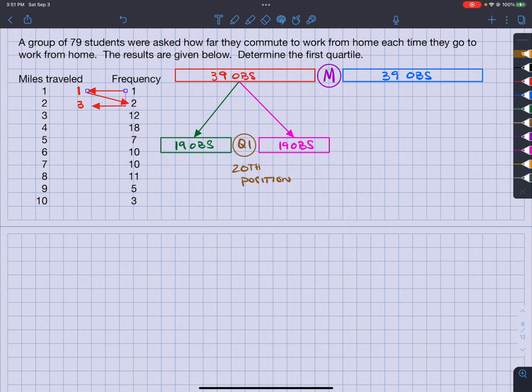Let me see here. There, so that means this one has to be shorter. Now I'm going to take the 3 and add it to the 12, and 12 is going to get me 15.